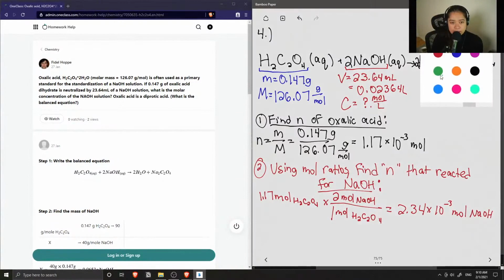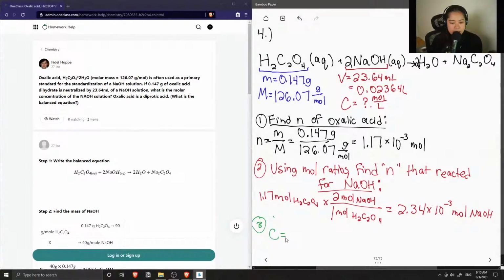And finally, we can calculate concentration. So recall that concentration is equal to number of moles over volume. So we know that the number of moles that reacted was 2.34 times 10 to the negative 3.